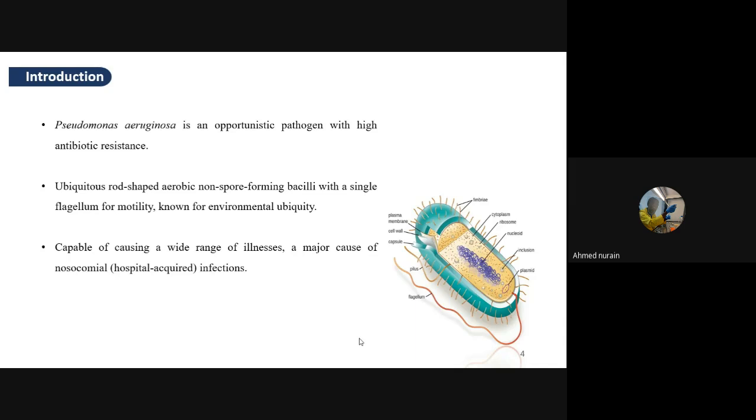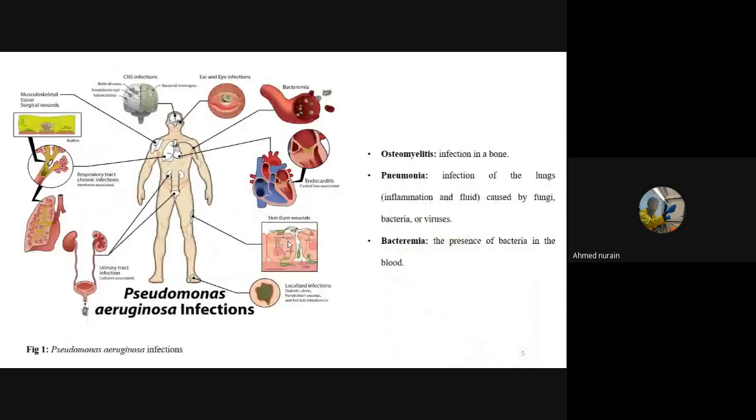Starting from the introduction, I said earlier that Pseudomonas aeruginosa is a rod-shaped aerobic non-spore forming bacilli with a single flagellum for motility. This bacteria is known for its environmental ubiquity and high antibiotic resistance, making it a major cause of infection acquired in the hospital.